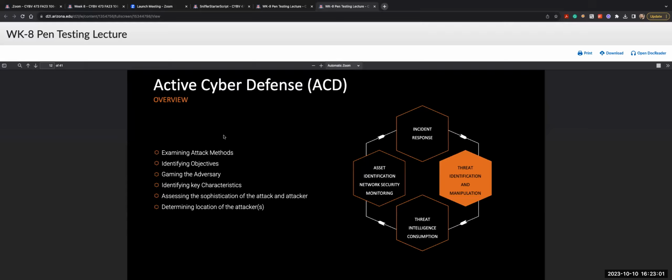And then you can even generate your own kind of simulations and you can really go pretty far with it. Notice how it says gaming the adversary.